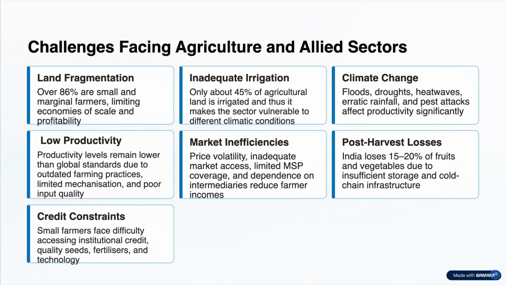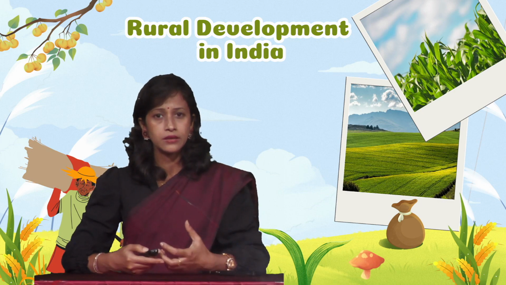Another most important challenge is post-harvest losses. In India, around 5 to 20% of fruits and vegetables are lost due to insufficient storage and lack of cold chain infrastructure. We lose around 15 to 20% of fruits and vegetables during transportation. So these are certain challenges.